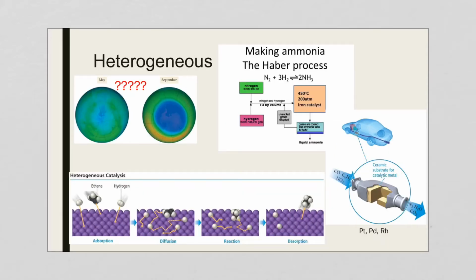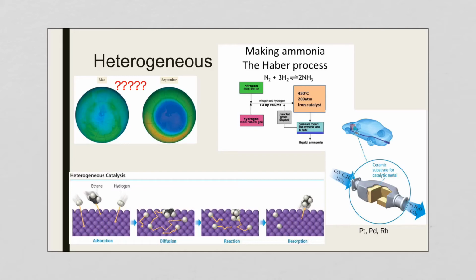So let's just close this out by talking about some examples. So let's talk heterogeneous. Well, it's believed that when we talk about the depletion of the ozone, that's actually occurring by a heterogeneous process.